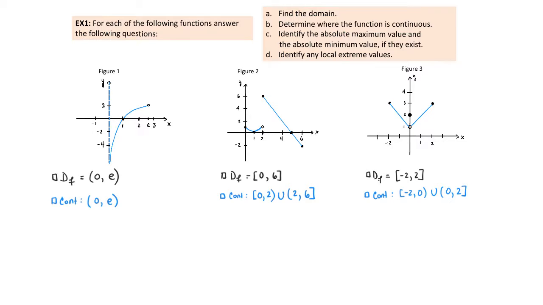Then we practically have to say that we never really reach a highest value. Even if we claim that this is the highest value, because this open circle is here, we can always argue that there's one that is even bigger and bigger, but we never really reach 2. So there is no absolute maximum value.